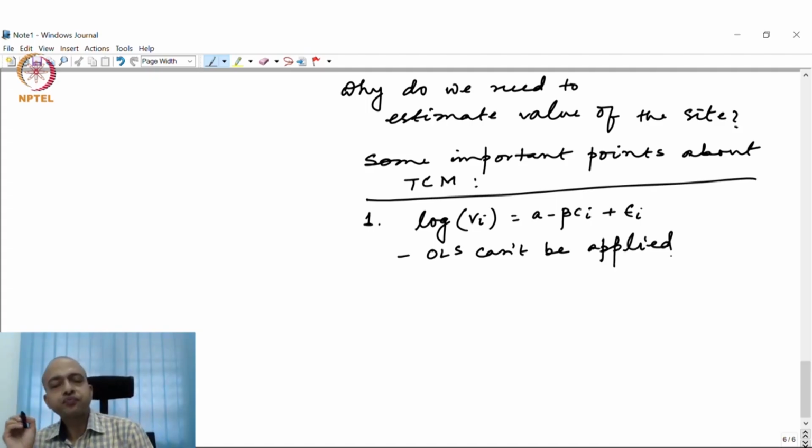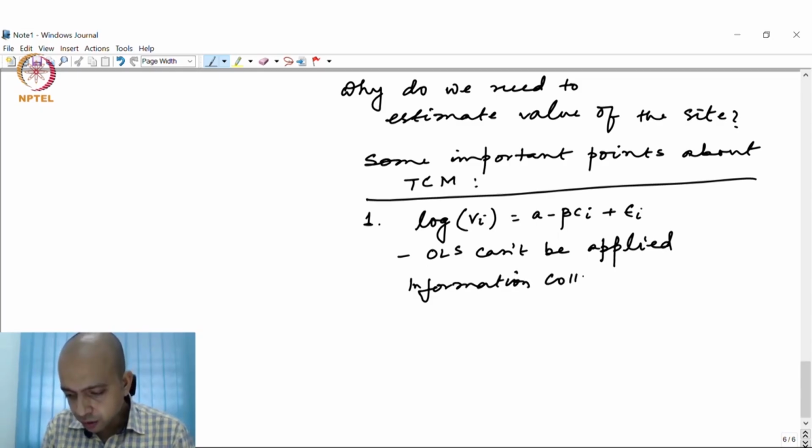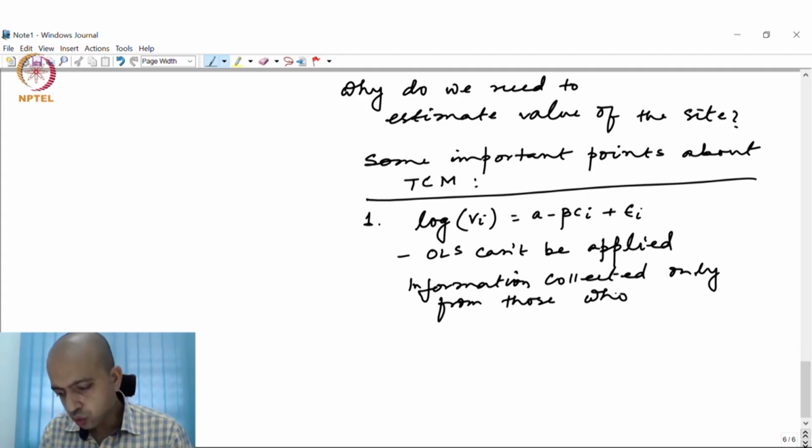See here, when we estimate the value of the park, we collect information only from those who are visiting the place. So that means information is collected only from those who are visiting.